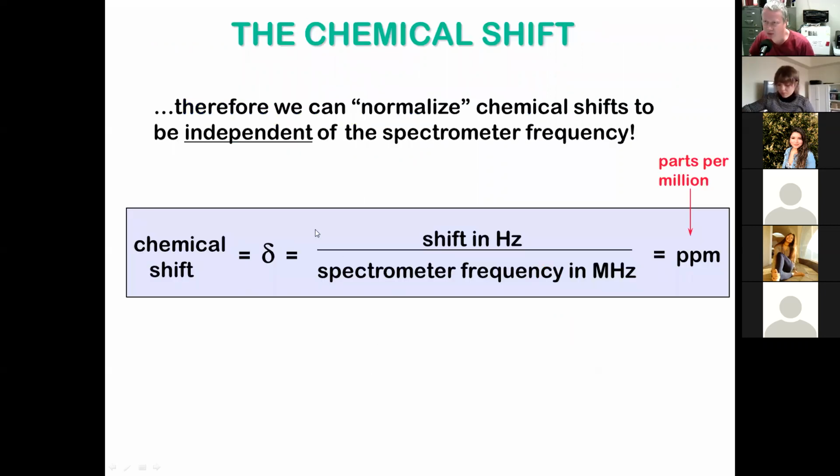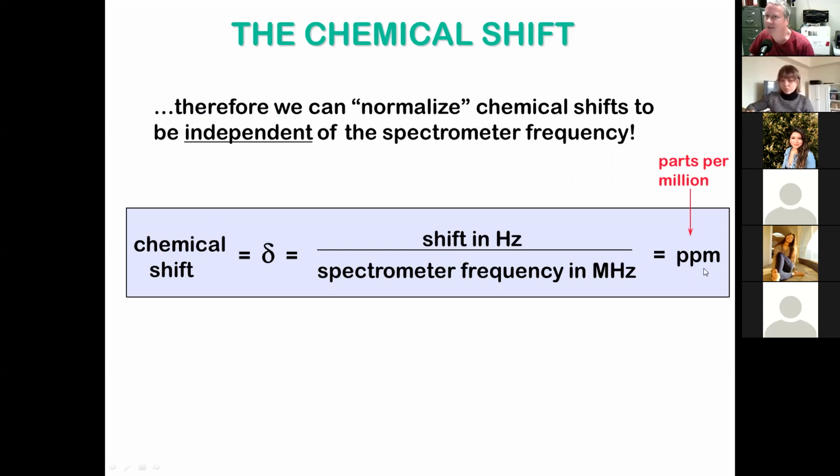So what we do is we normalize the chemical shifts to be independent of the spectrometer frequency. We define something called chemical shift, which is also called delta. All it is is the shift in hertz divided by the spectrometer frequency, which is like 300 or 500, different numbers. That's also called ppm.